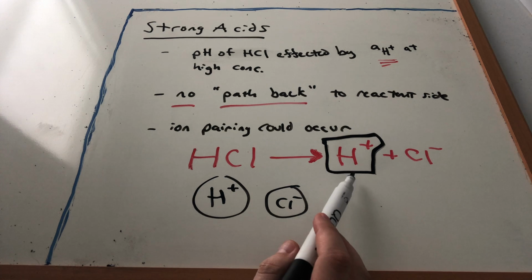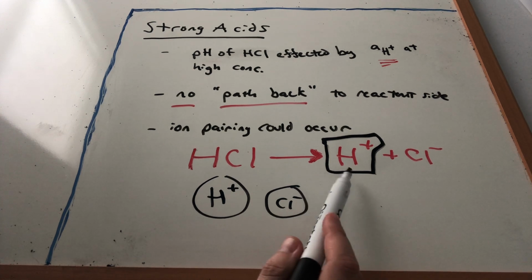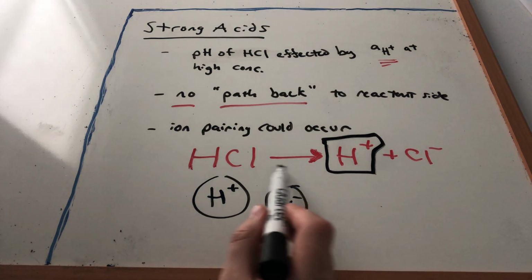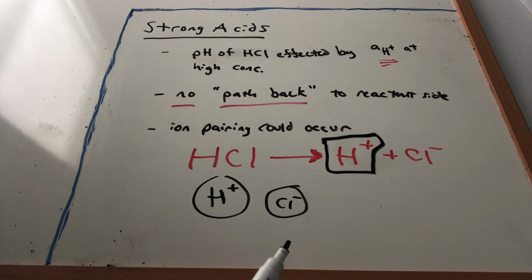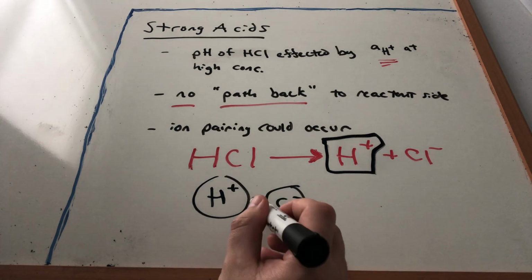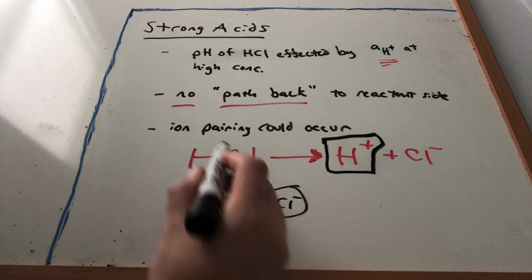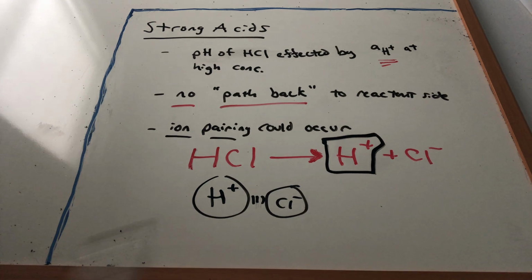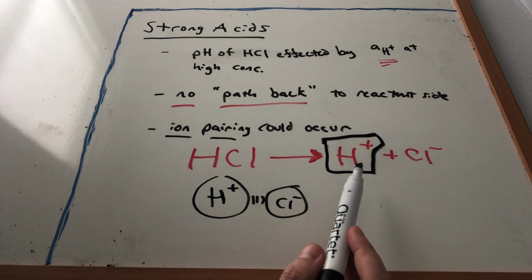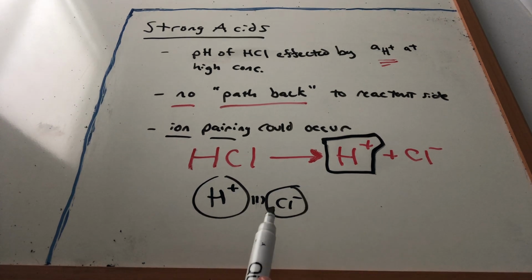So if the activity is describing how much free-floating H+ you have, and there's no pathway back to the other side, these ions interacting strongly and pairing up is going to affect what you see in terms of this chemical behavior.